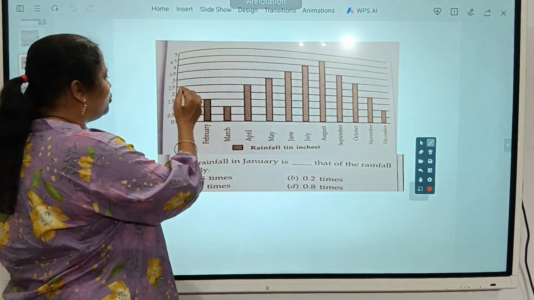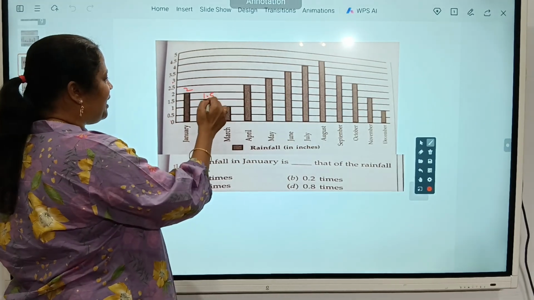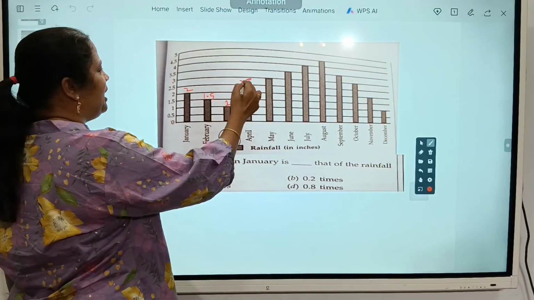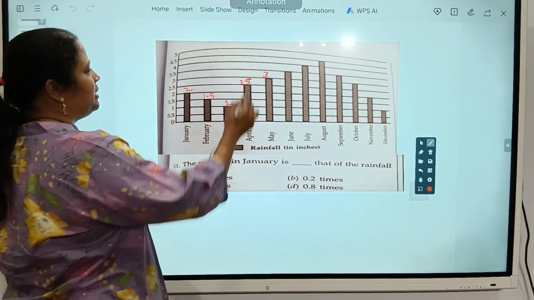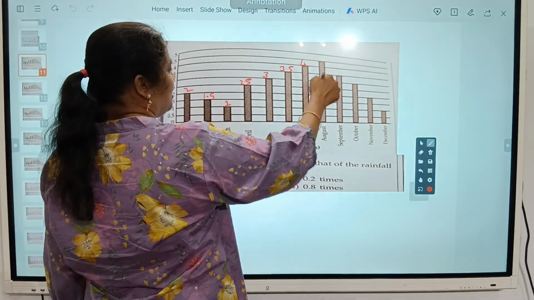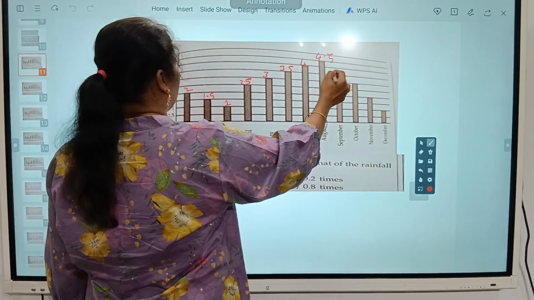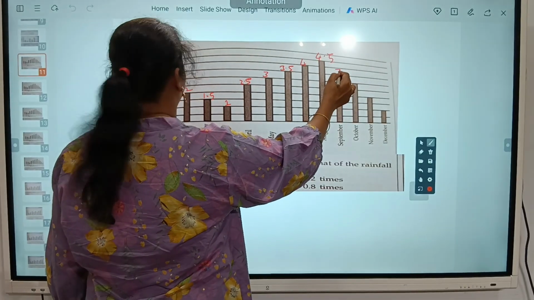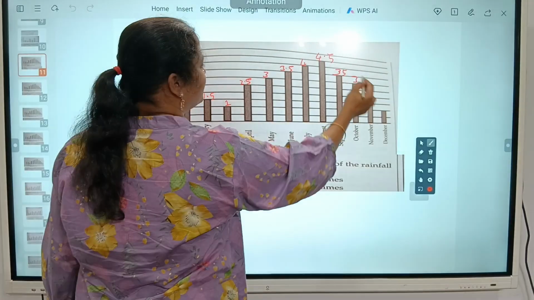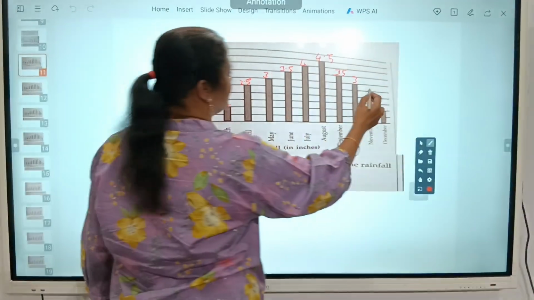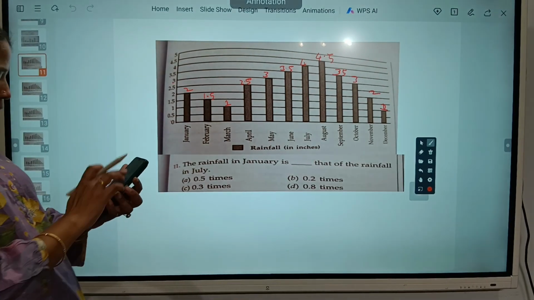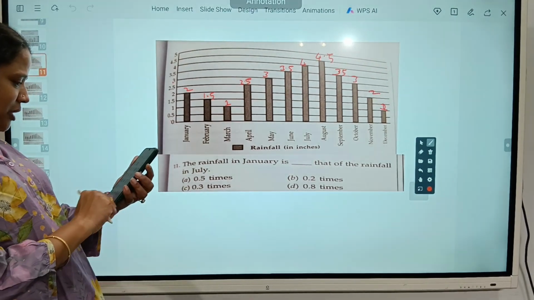In January it is 2, in February 1.5, March 1 inch, April 2.5, May 3 inches, June 3.5 inches, July 4 inches, August 4.5 inches, September 3.5 inches, October 3 inches, November 2 inches, and December 1 inch. Now again we will save this for information.